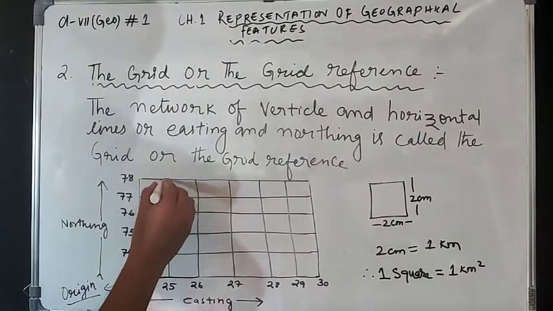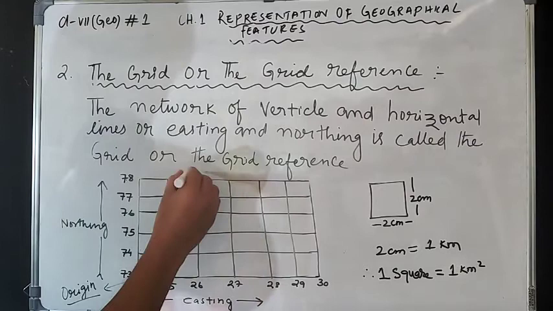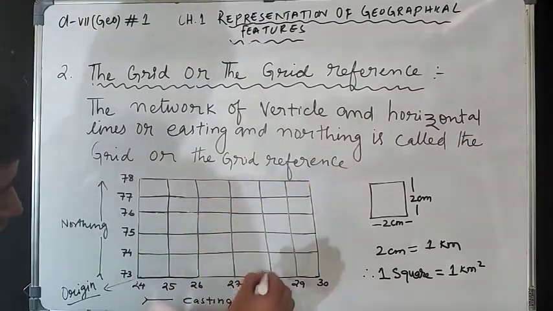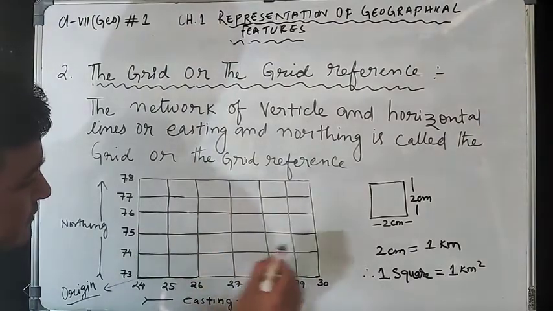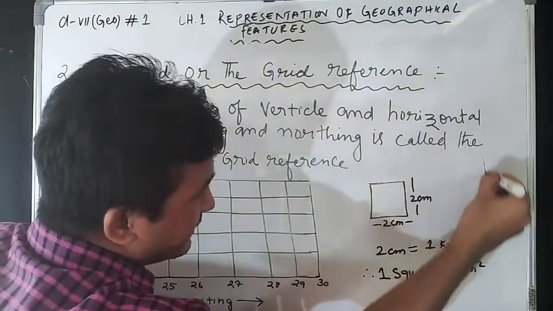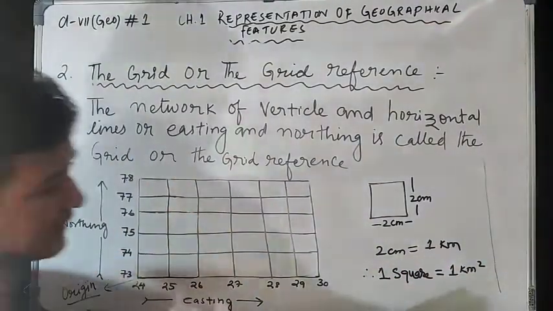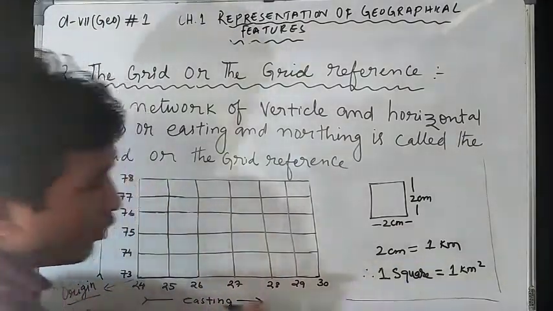You can see here, these are vertical lines. Here you can see 25, 26, 27, 28, 29. These are vertical lines, and similarly these are horizontal lines. When a line moves in this way, this is called a vertical line, and when a line moves this way, it is called a horizontal line.